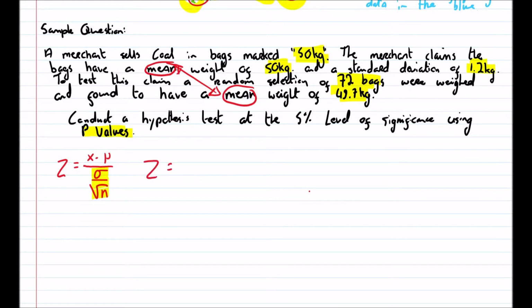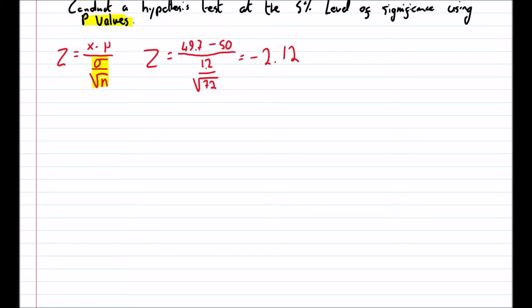So z equals, well, the score that's found out from the sample is 49.7 minus what they claim, which is 50, all over the standard deviation, which is 1.2, and that's all over the square root of n, which is the sample size, which is 72. Okay, so if we type all that into the calculator, we'll get minus 2.12. So I have my z-score of minus 2.12.